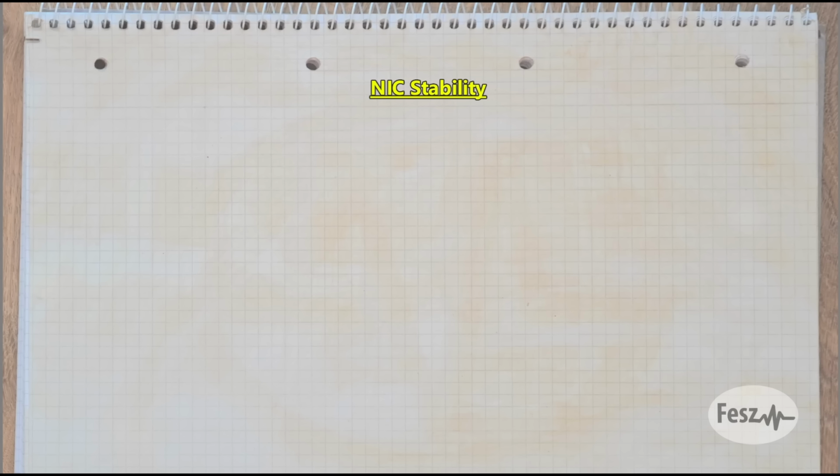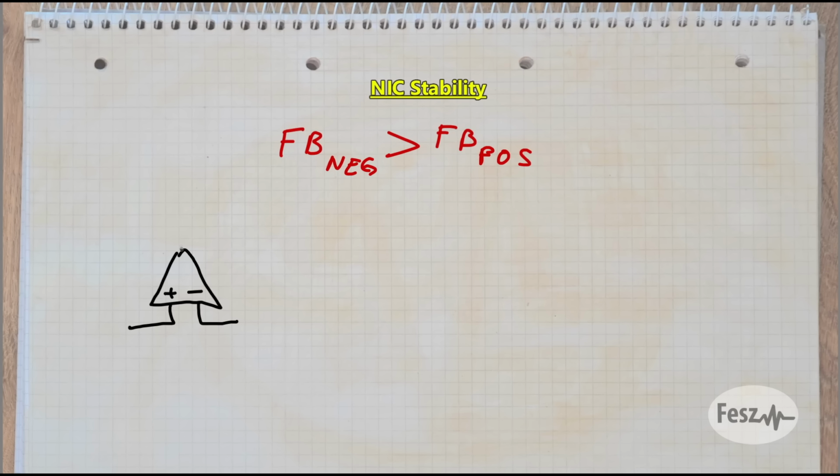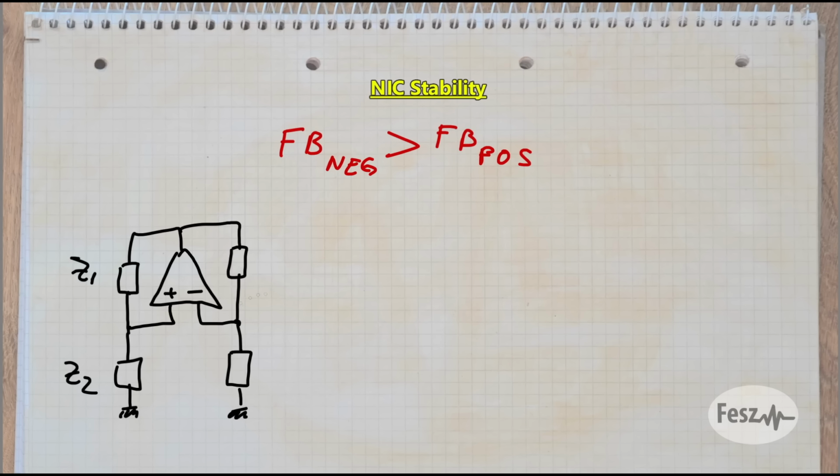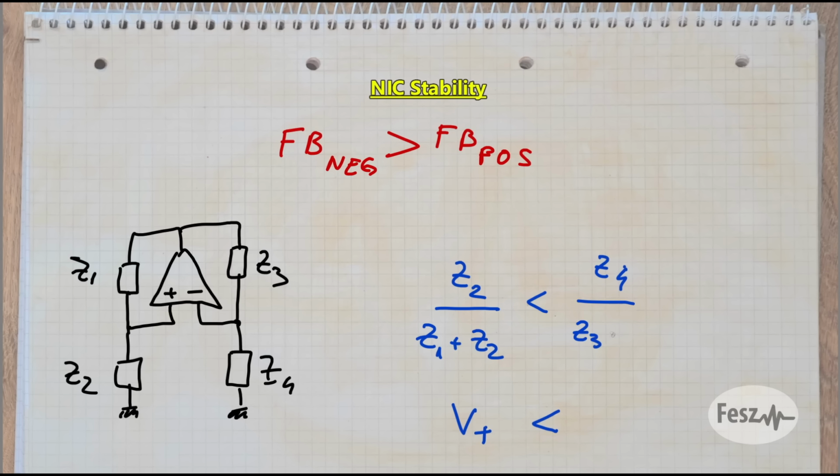So the simplest and most elegant explanation for what the stability condition of an op-amp-based negative impedance converter is that I found goes something like this. The negative feedback value needs to be larger than the positive feedback value. Regardless of the voltage or current inverting version of the circuit, if we treat it as an op-amp connected to 4 impedances, to keep this thing stable, the positive feedback, the impedances on the left side, need to provide a smaller signal than the negative feedback, the impedances on the right side.